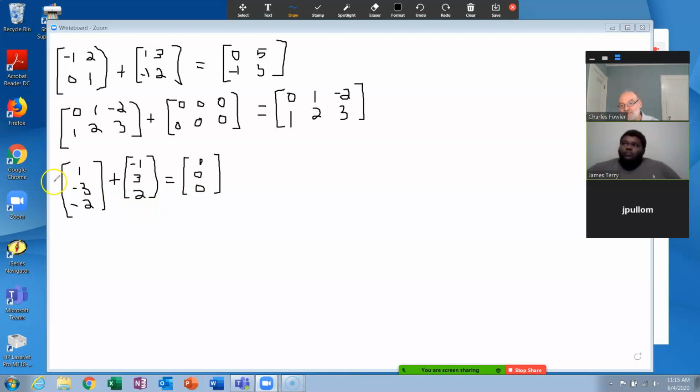Well, if you have a matrix, whatever size, and you have the same size matrix, and every element in that matrix is precisely the additive inverse of the corresponding element in the first matrix, then when you add those two matrices together, you get the 0 matrix of that same size, and that makes the second one the additive inverse of the first one, or the first one the additive inverse of the second one. So those properties that we had for adding real numbers also, so far, work for adding matrices. They just have to be the same size.